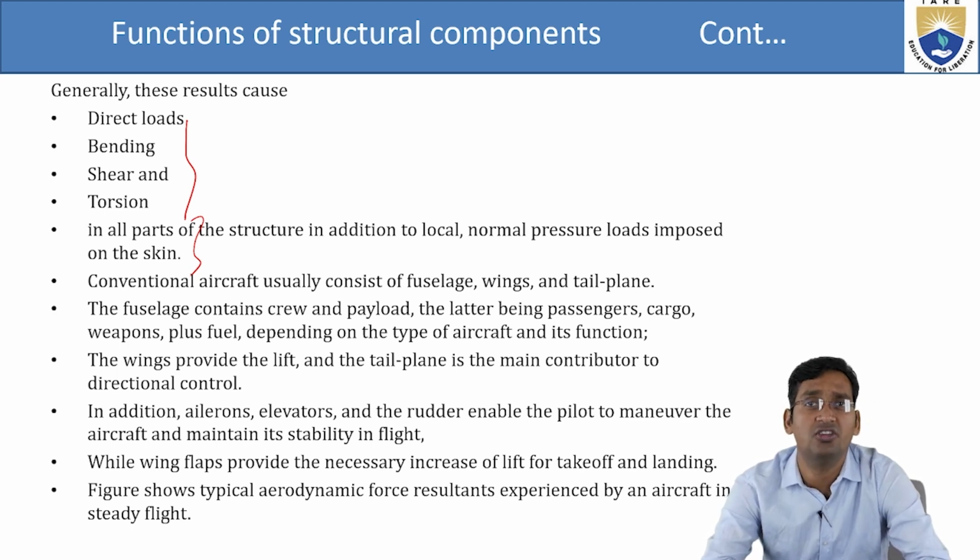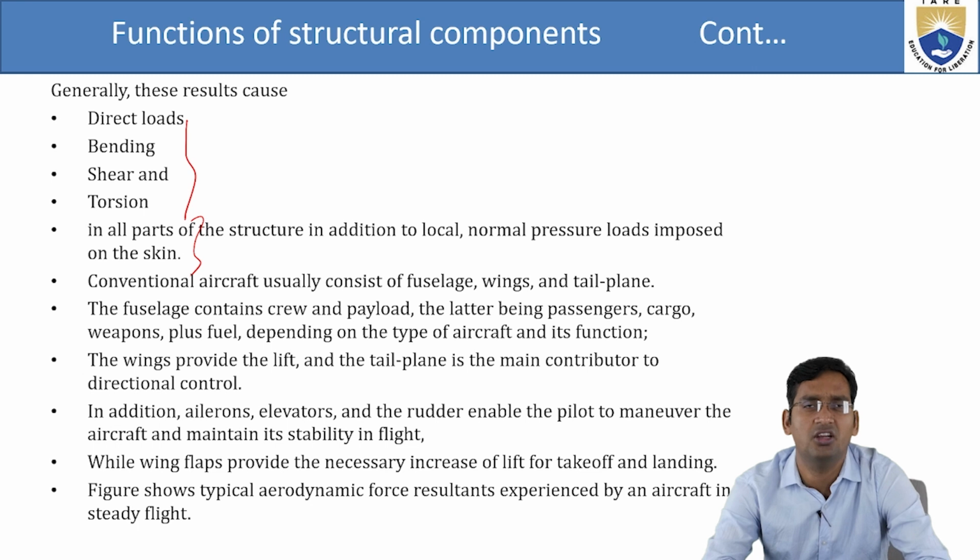Conventional aircraft usually consist of fuselage, wing and tailplane. The fuselage contains crew and payload. The latter may be passengers, cargo, weapons plus fuel, depending on the type of aircraft and its function.